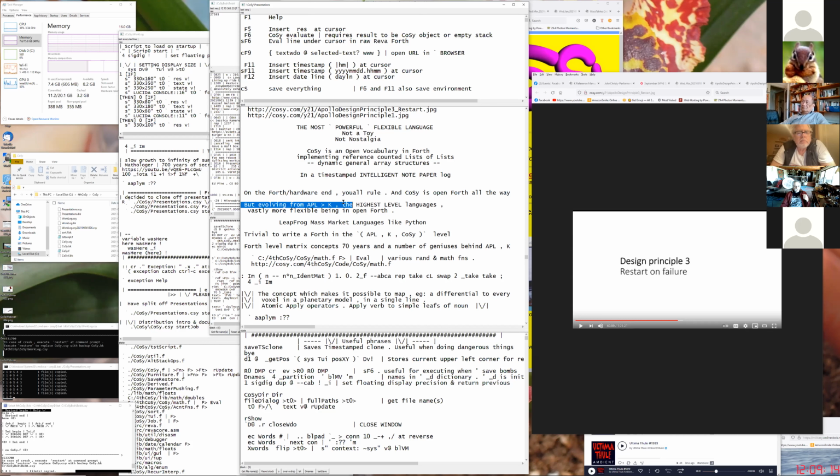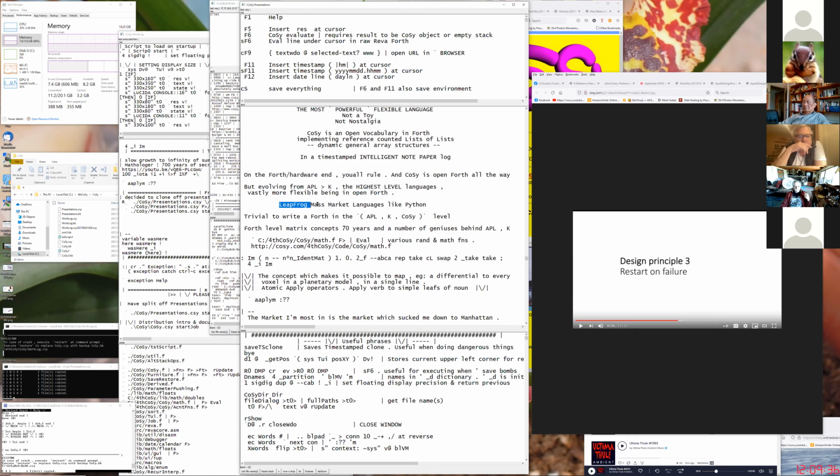But evolving from APL, Ken Iverson, via K, Arthur Whitney, which are the highest level languages, it is vastly more flexible being an open Forth than any previous APL.